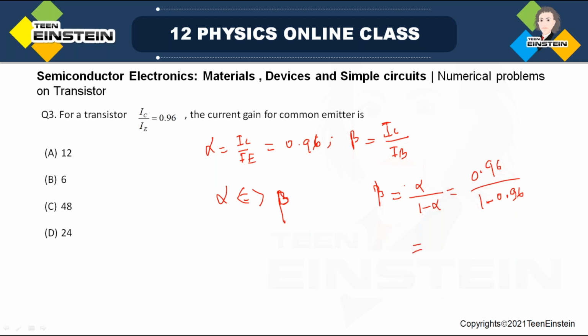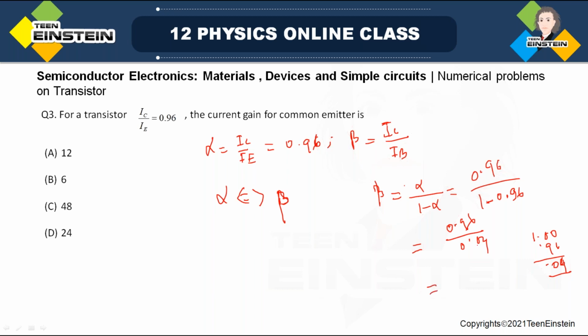Okay, so let us solve it here. This will give you 0.96 in the numerator and 0.04 in the denominator.